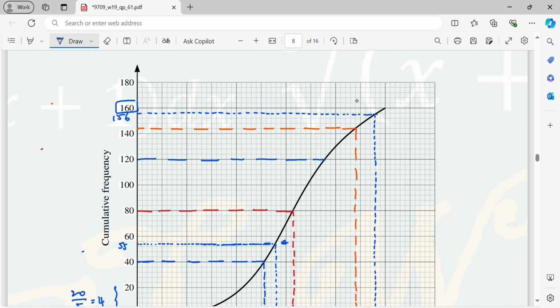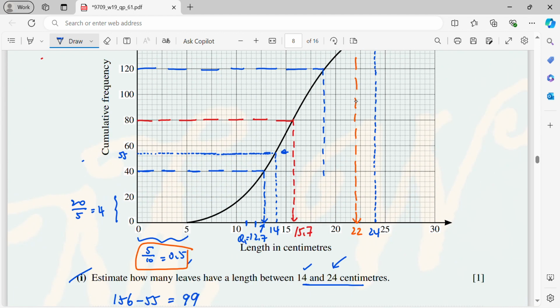And again it is in the middle. Right, so this is 15.